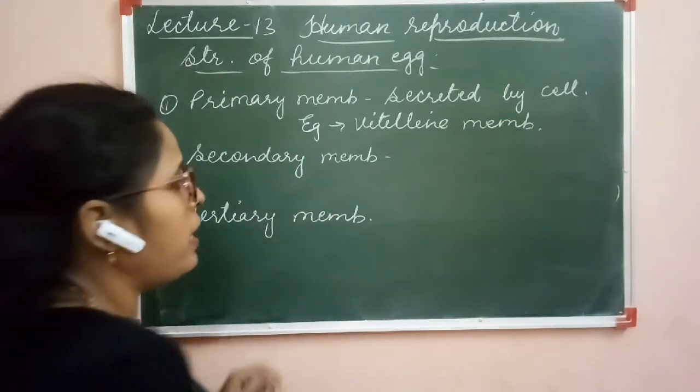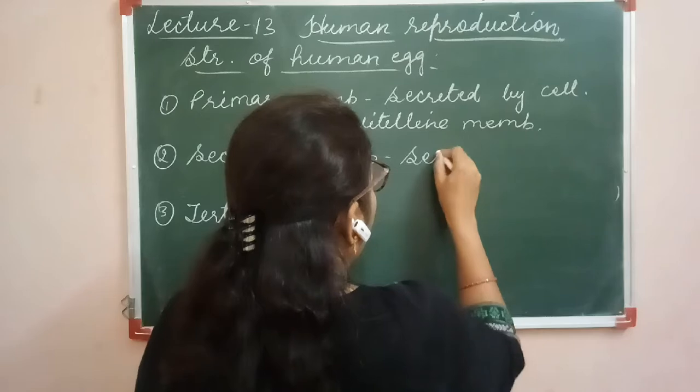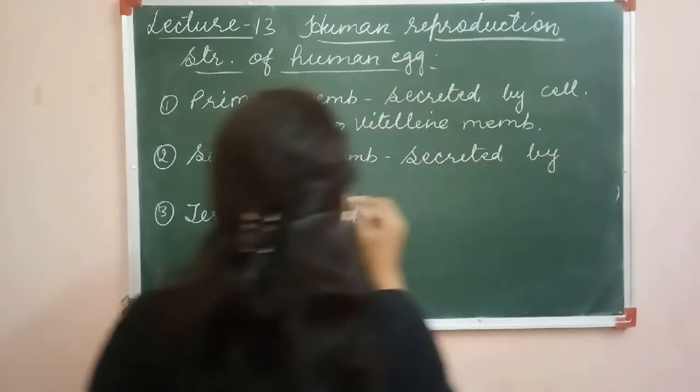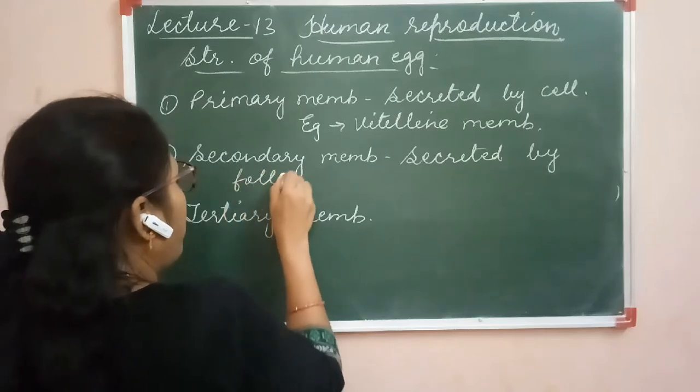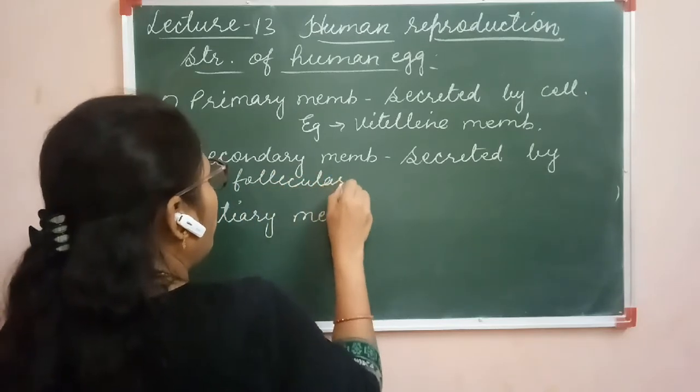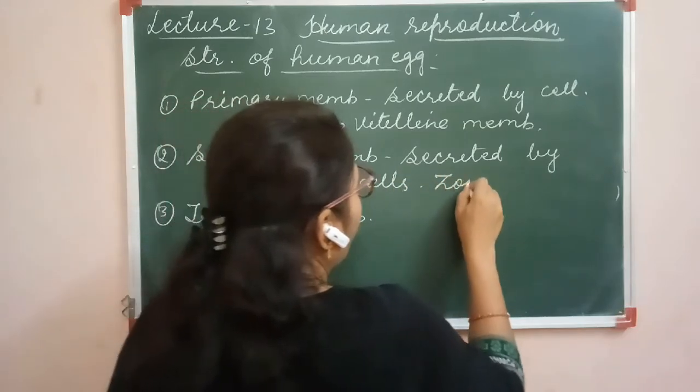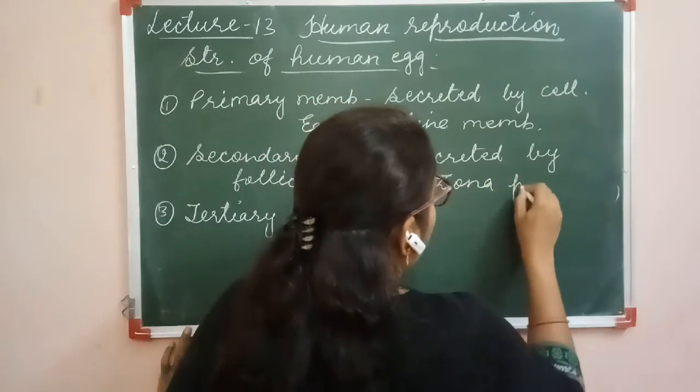The secondary membrane is secreted by follicular cells, and it is the membrane of zona pellucida.